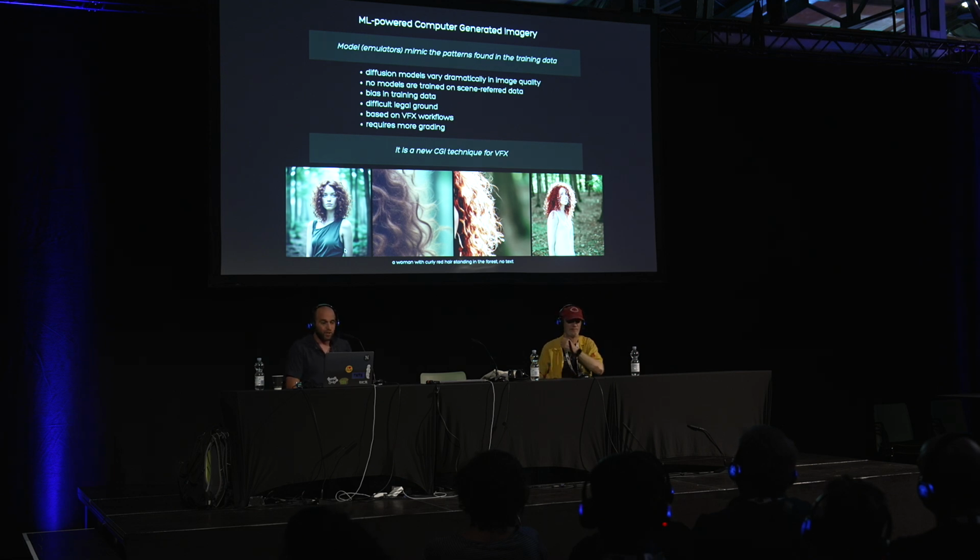And also there are difficult legal grounds. If you use data you might not have the permission to train on, then you might be on shaky grounds. And there are tests, and the big studios are testing open source models.